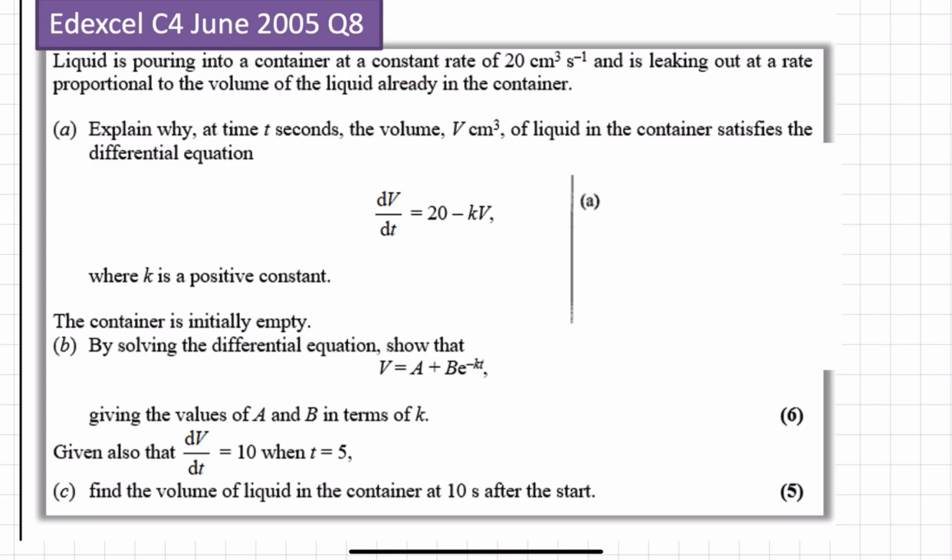And it starts at 20, which we can see in the question. That makes sense. And negative kV is telling us that k is the constant of proportionality, and the negative sign is a decrease. So the rate of change of volume with time is 20, take away the proportion of the volume of the liquid.